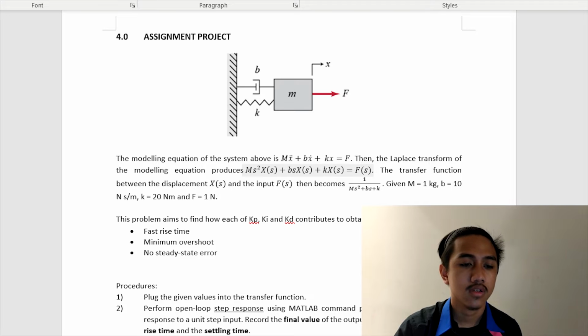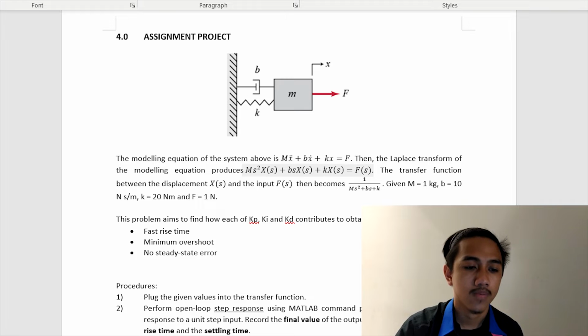The transfer function between the displacement X(s) and the input F(s) then becomes 1 over ms^2 plus bs plus k, given m equal to 1 kg, b equal to 10 Newton seconds per meter, k equal to 20 Newton per meter, and F equal to 1 Newton.